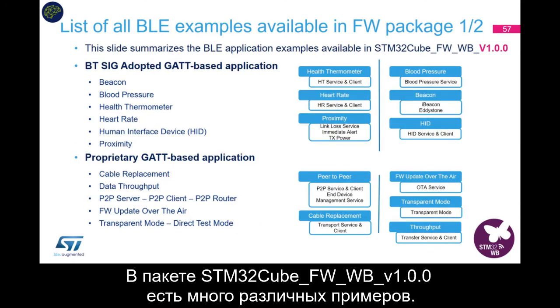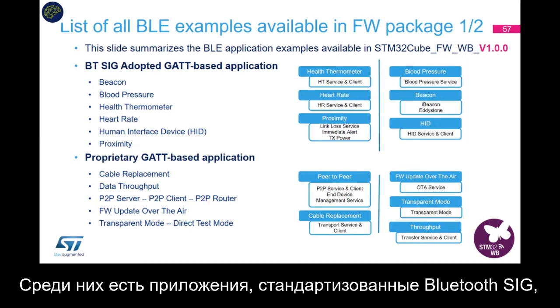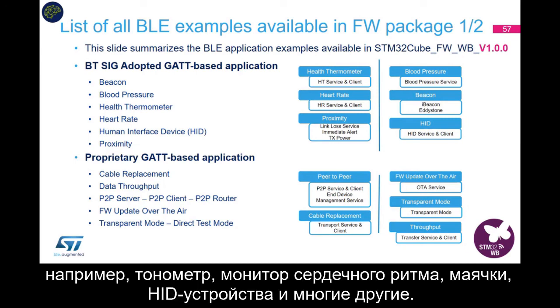There are various examples available in the package. So we have the Bluetooth SIG adopted applications. These are things like blood pressure, heart rate monitor, human interface device, beacon and things like that.